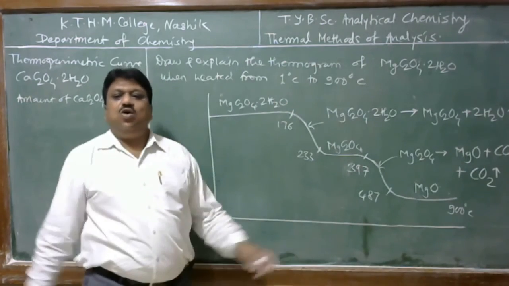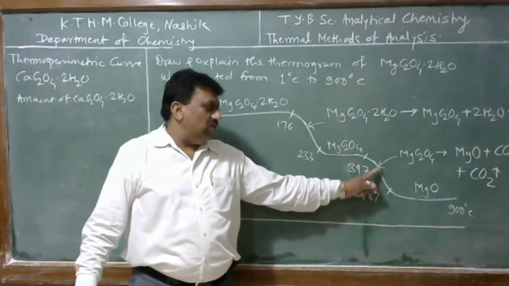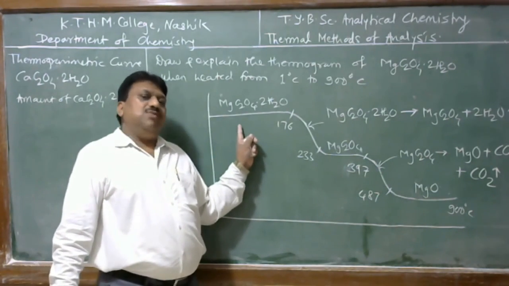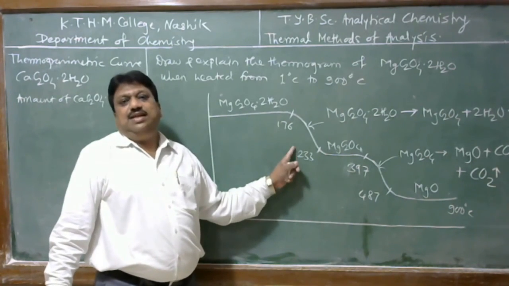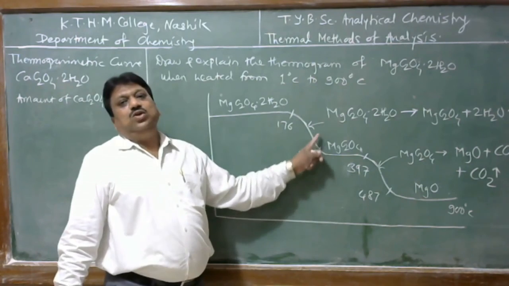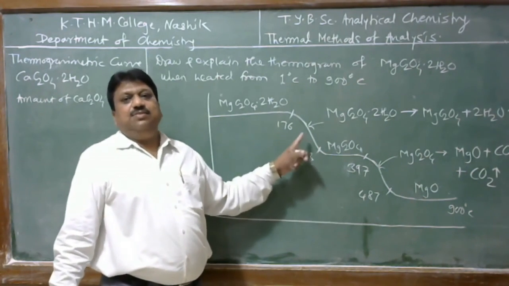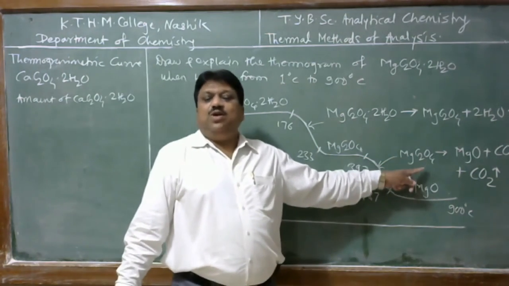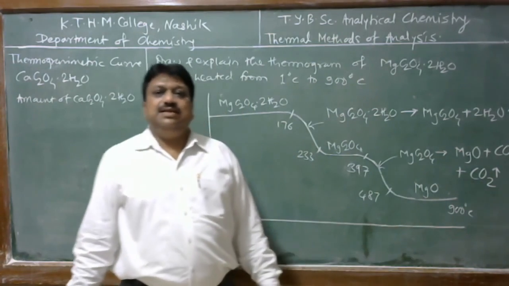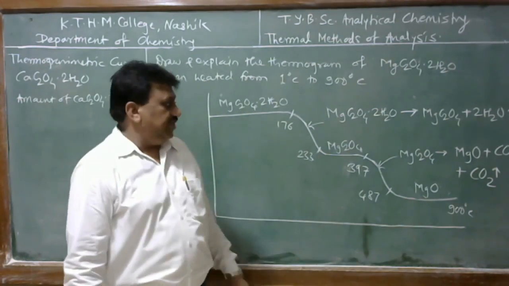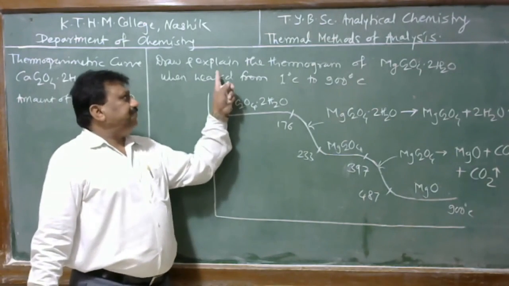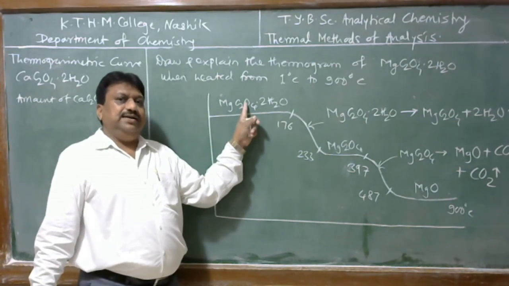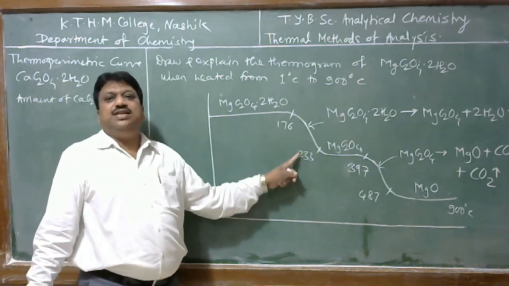Both are lost in the second stage of decomposition. Therefore, in comparison to calcium oxalate dihydrate, magnesium oxalate dihydrate has only two stages of decomposition. Calcium oxalate dihydrate has 3 stages, where loss of carbon dioxide and carbon monoxide takes place in different stages. Student, this is about the thermogram or pyrolysis curve of magnesium oxalate dihydrate, consisting of 2 stages of decomposition.